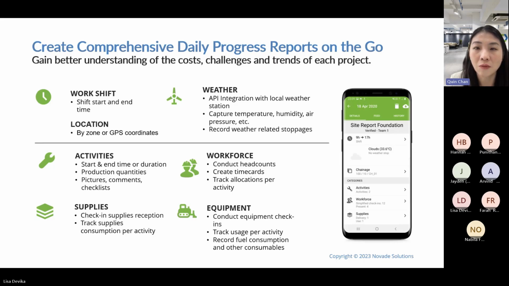Then the very important part that we focus on is the weather information. Weather conditions and delays will actually affect your projects. Recording the daily weather conditions and weather-related disruptions supports project schedule adjustment and also helps to manage the resources, so it can be recorded as well.